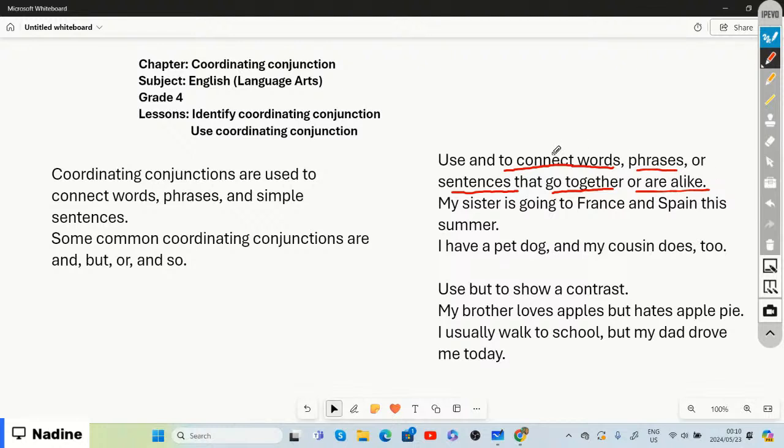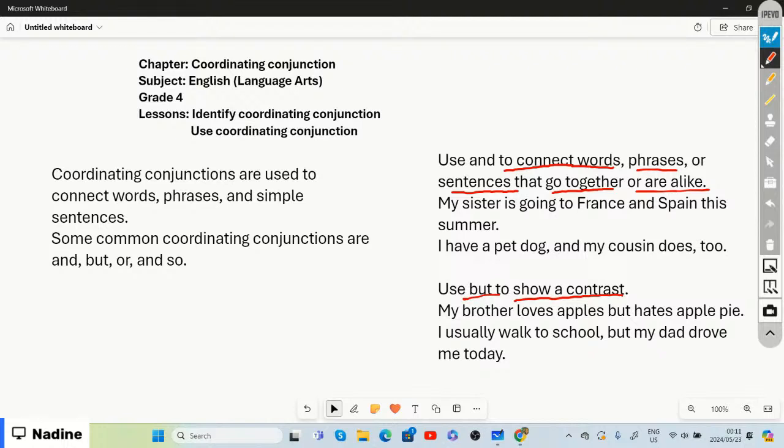All right. So basically, if we use the word and, it is to connect words and phrases, and it also goes together, or they are alike. Then we can use the word but, and in order for us to use the word but is to show contrast. My brother loves apples, but hates apple pie.